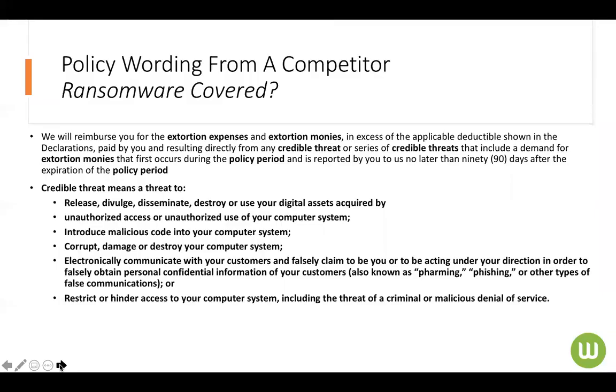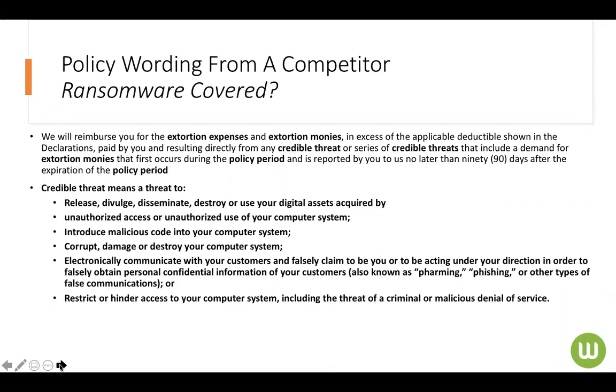Next slide. We've included a competitor sample wording here. I'm not going to read it all, just going to hit the high points. Reading it, you can see it says extortion expenses, extortion money, credible threat or threats.